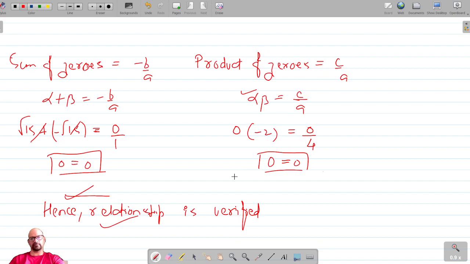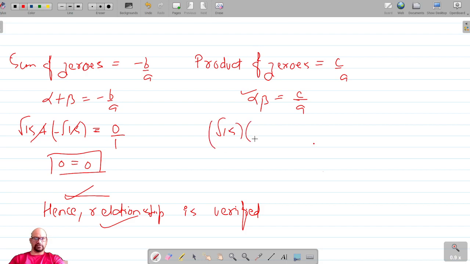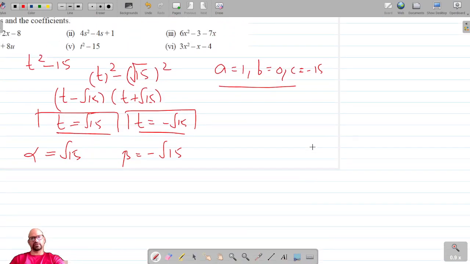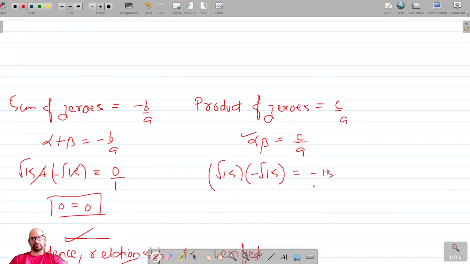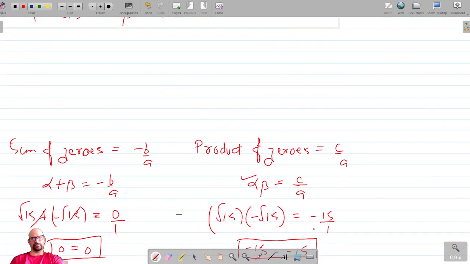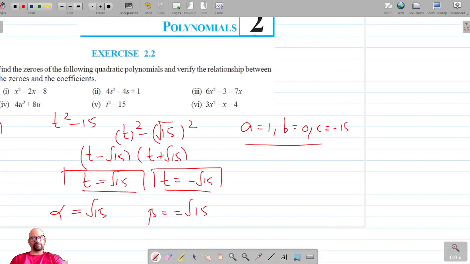Relationship is verified here. And in this case, it's root 15 into negative root 15 is equal to c by a. So c is negative 15 and a is 1. So this is negative 15 is equal to negative 15. Hence the relationship is verified.